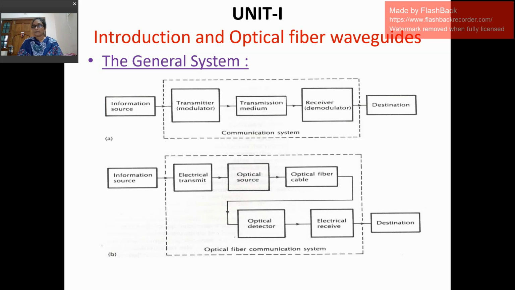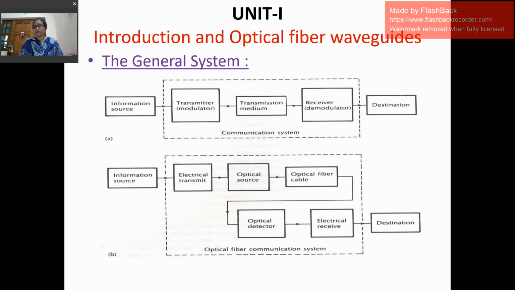This is the main function of the optical fiber communication system. Here we observe the optical source, optical fiber cable, and optical detector. What is the optical source? LEDs or laser lights. The electrical signal obtained from the transmitter section is converted into a light signal and allowed to pass through the optical fiber cable.